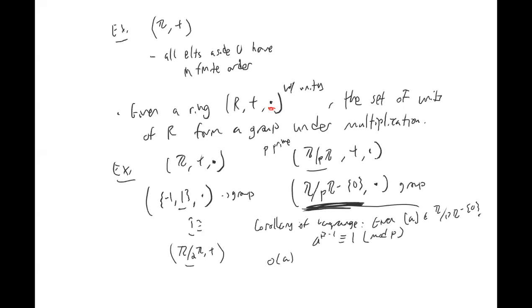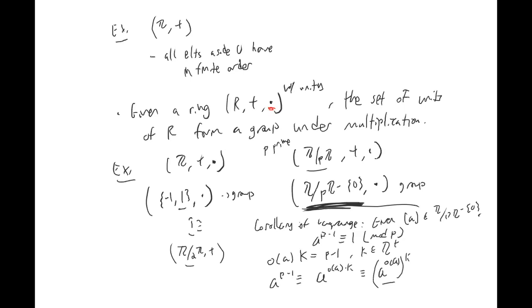So the order of a times some number k is P minus 1, for k in positive integers. Then a to the P minus 1 is a to the order of a times k, which is a to the order of a, and I could just work with this first.